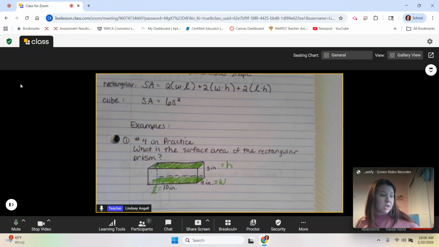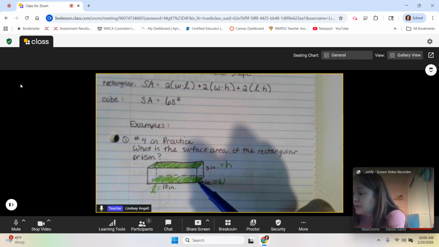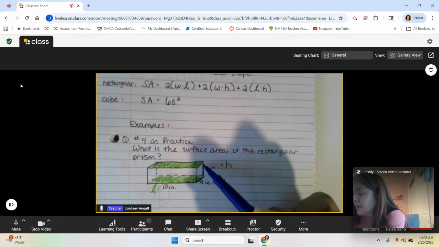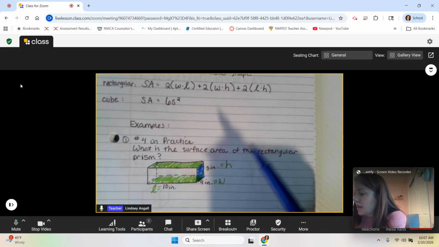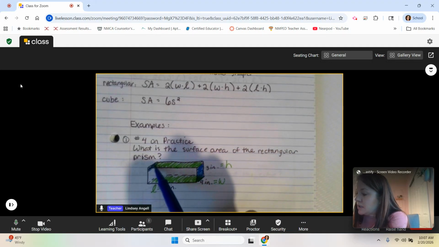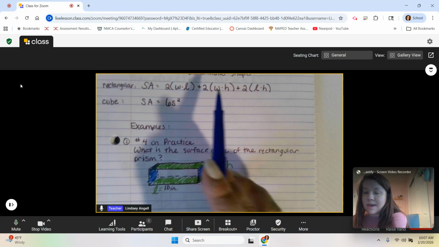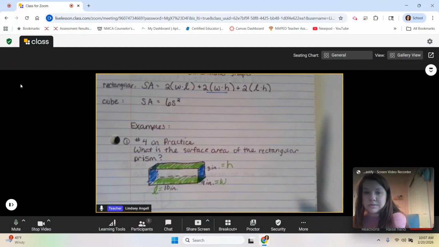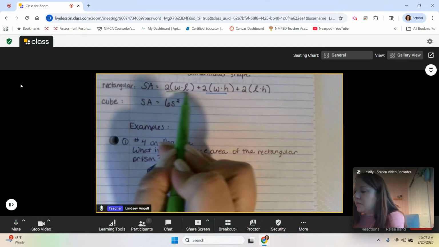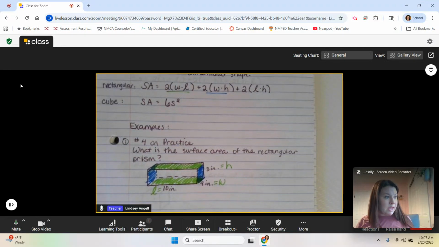Same thing. I'm just going to color code this whole thing, so hopefully we can make sense of it. The width times the height. Well, here's my width. Here's my height, right? So that's like the right side of the box, which is also identical to the left side of the box. So up here in my formula, that would be those guys. Okay, these are my green ones. Okay, and then the last one, let me see, what would be a good color?